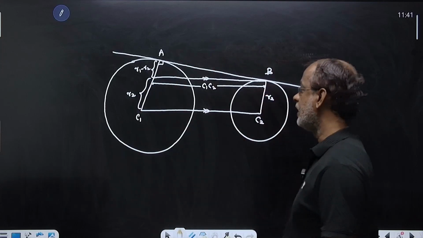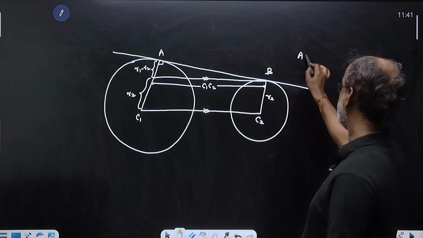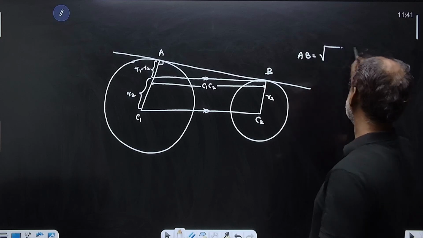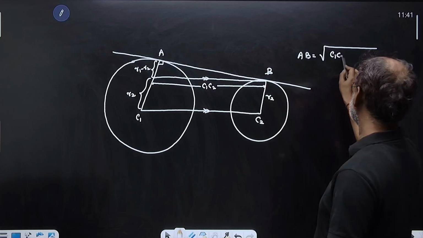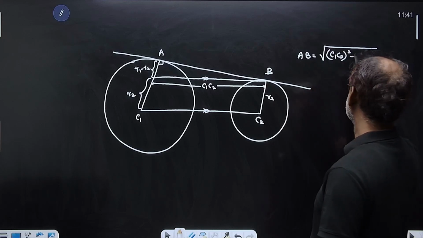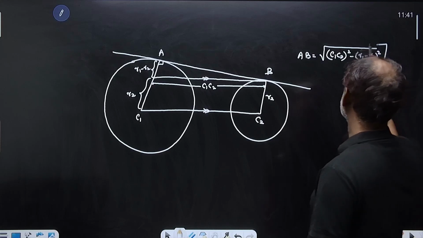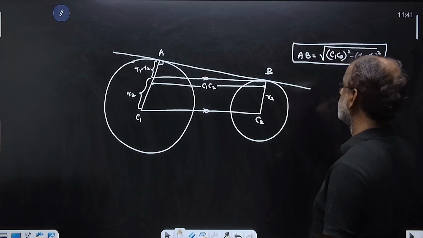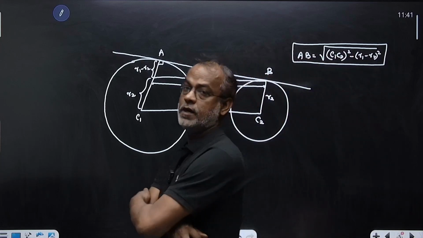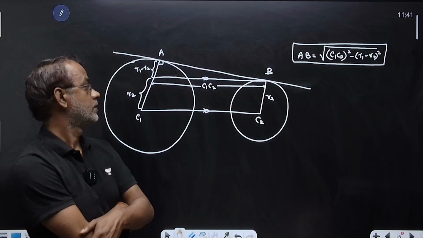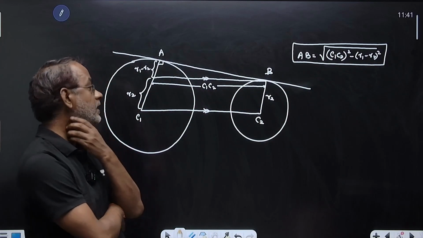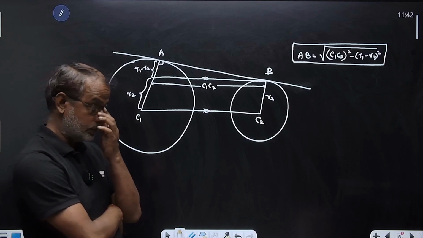So, we can find AB by simply Pythagoras theorem, and this is the length of the direct common tangent.